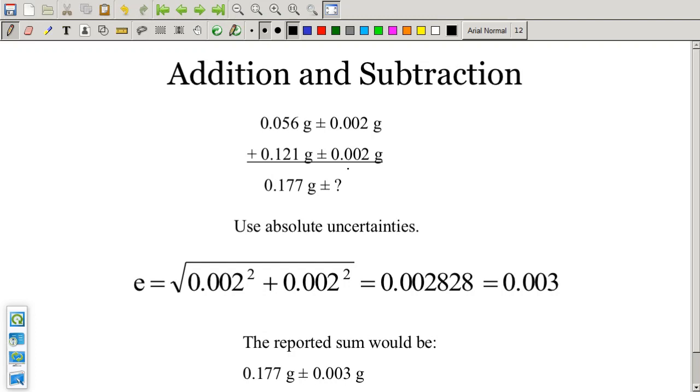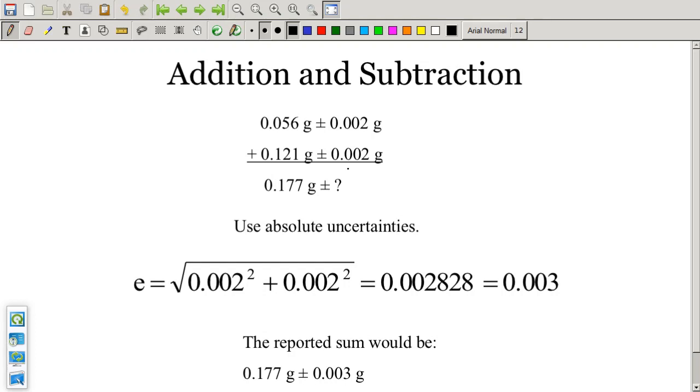So in this particular case, if I'm adding two masses together that both have absolute errors of 0.002 grams, to calculate the error that I'm going to report with my sum, I'm going to take 0.002, square it, add it to 0.002 squared, and take the square root of the sum.